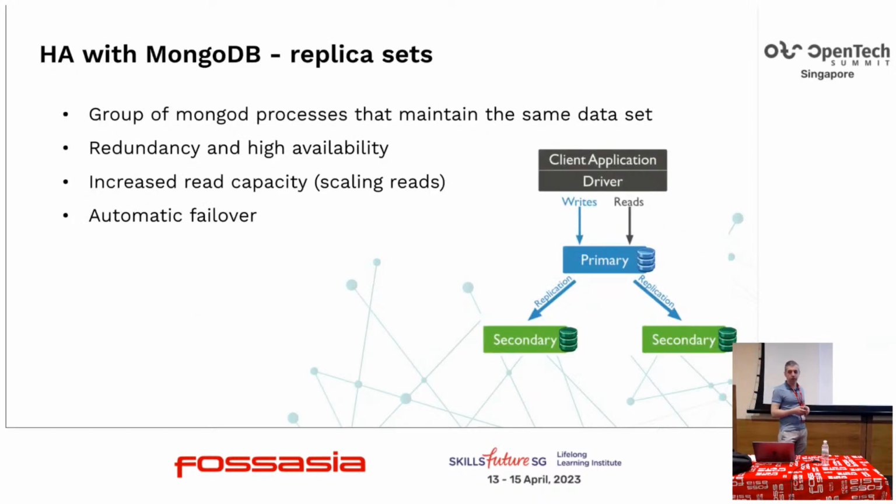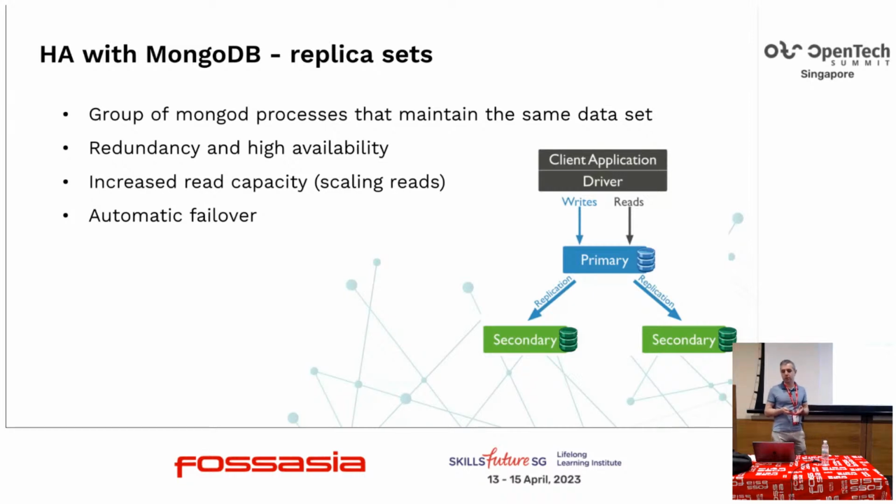MongoDB achieves high availability by replication, and a replica set is just a group of processes that maintain the same data set. There is a concept of primary, and that's where all the writes go from the application connecting through a driver.